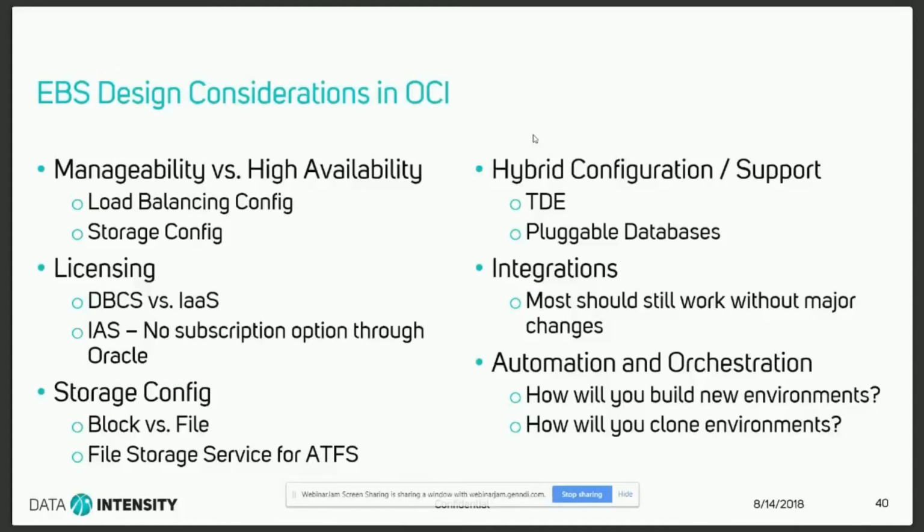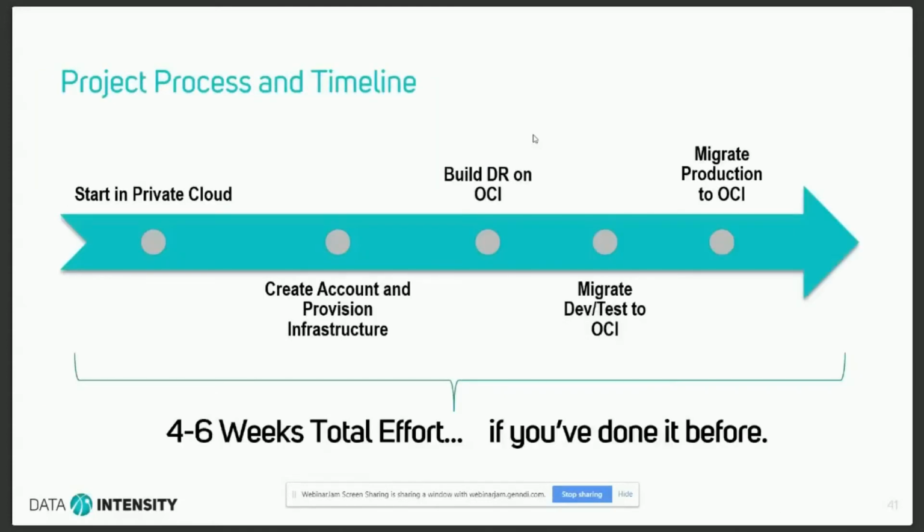Part of the reason that they were doing the project was they wanted to be able to provision on demand for their end users for new projects. So we talked through with them how they're going to build new environments, what their environment strategy needs to look like in terms of code promotions, how they're going to do their clones, and how they could either have us build or use us as a managed service provider for those use cases.